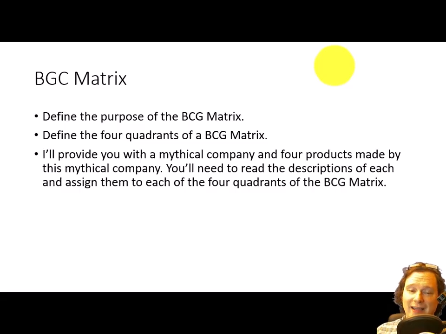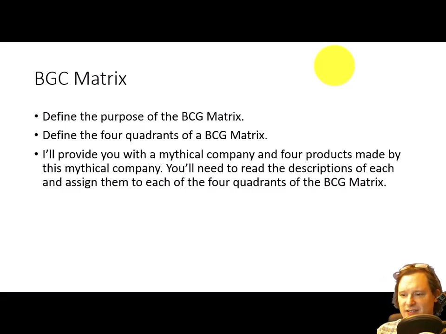And then hopefully, based on the descriptions, you'll be able to understand what quadrant I'm trying to aim you towards, and you may even be able to figure out the actual product that I'm describing for each of these. I don't think they're all made by the same company.